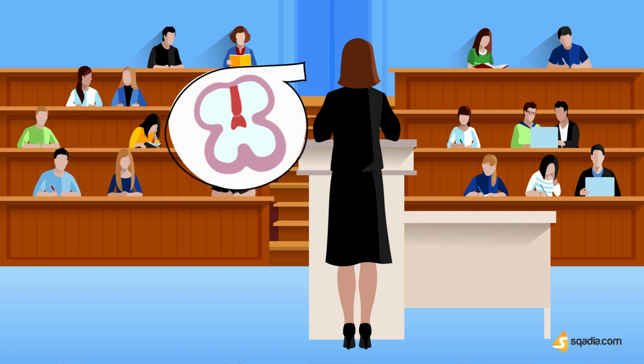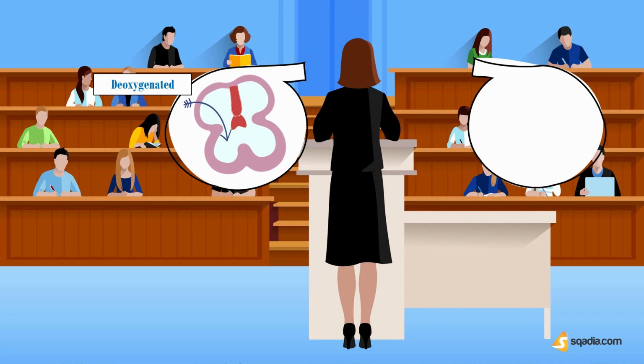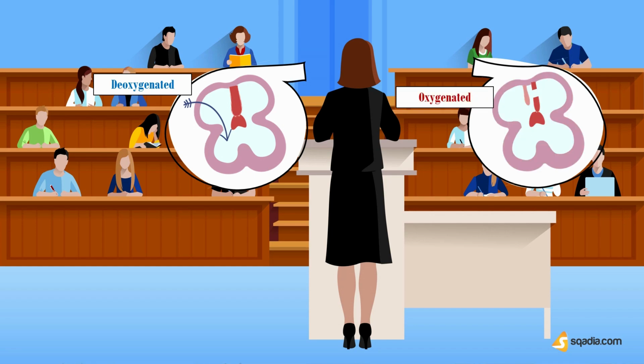So, the answer is that after birth, deoxygenated blood enters from the right atrium to the right ventricle to the lungs for oxygenation. But in a baby with a developing heart, blood does not enter from the right atrium to the right ventricle because the developing heart receives oxygenated blood instead of deoxygenated blood from the placenta.